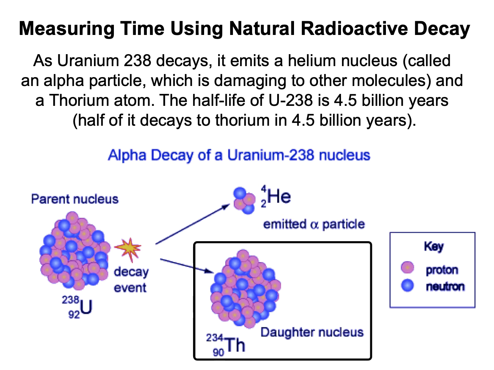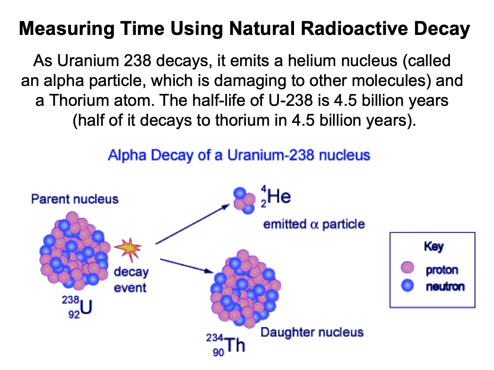So by measuring the amount of uranium-238 in a rock compared to the amount of thorium in that rock, you can date it according to a graph of the half-life of uranium-238.